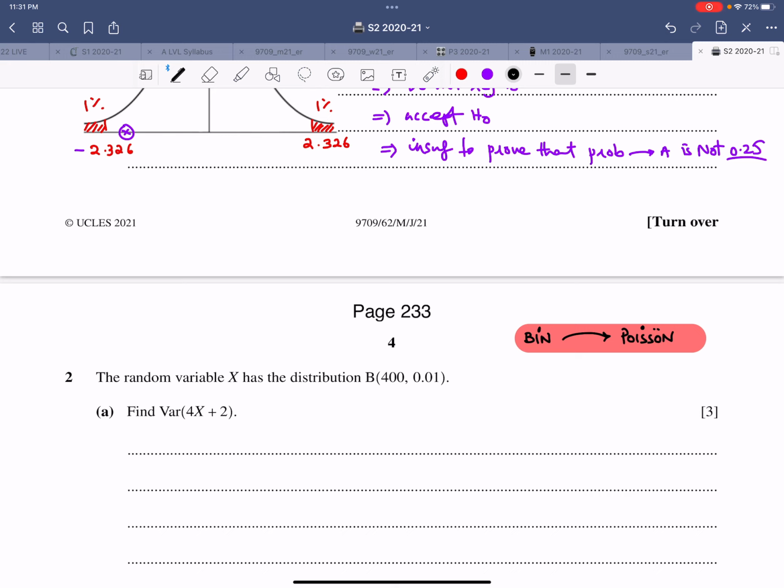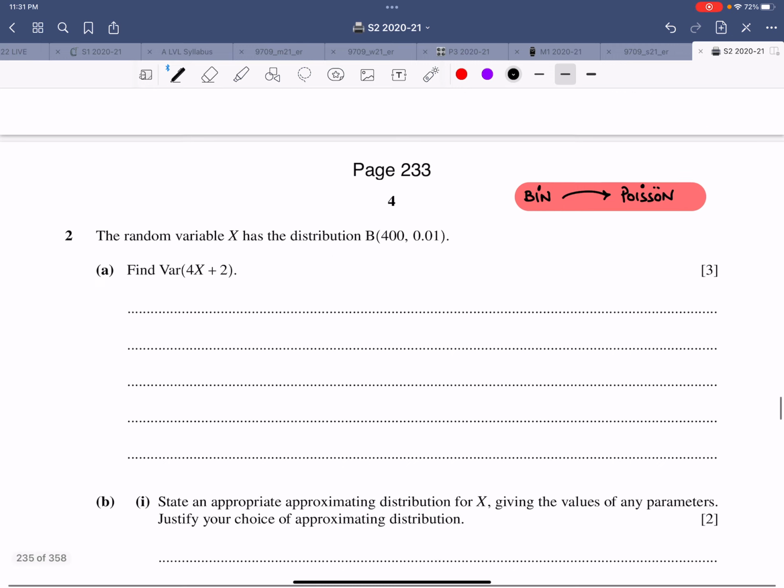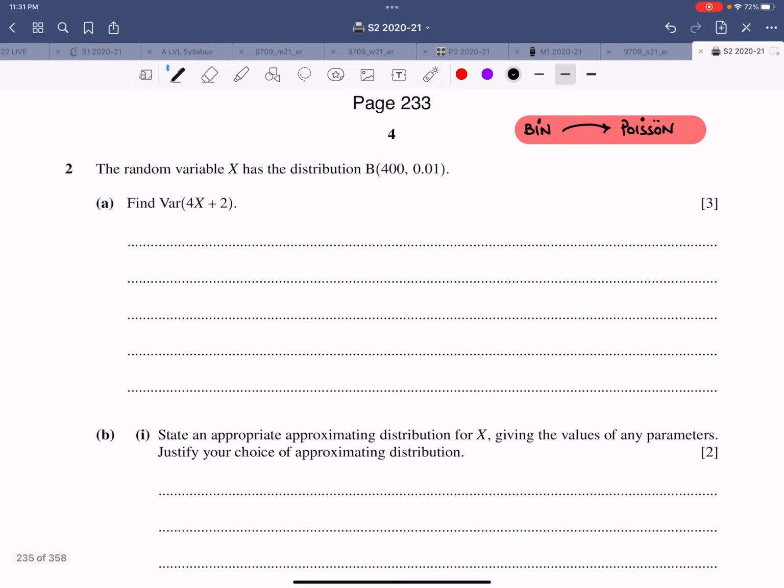But initially it's binomial. So variance of x equals npq. And also one more thing, that is the concept of linear combination. Variance of x is npq, that is 400 into 0.01 into 0.99, because n is 400, probability of success is 1%, probability of failure is 99%.